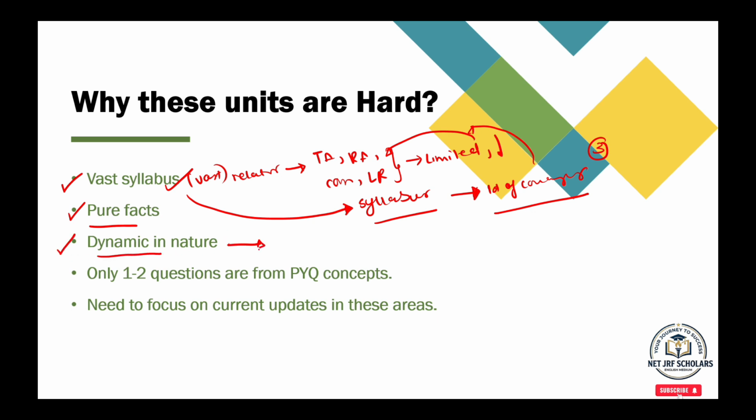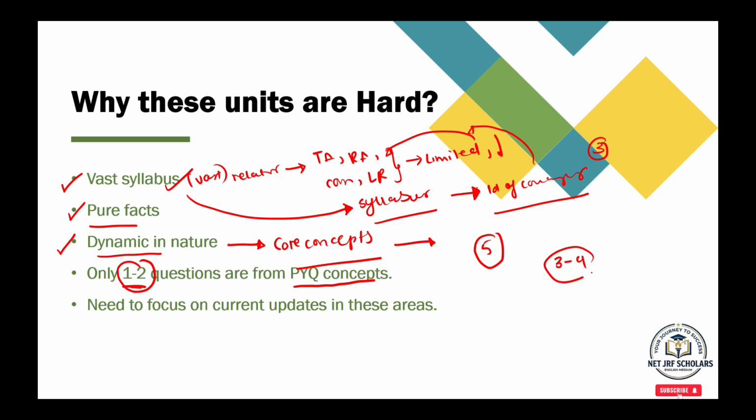They do not ask all the questions from the core concepts repeated in previous year question papers, as you can see in the other units. Only 1 to 2 questions out of 5 in a question paper are from previous year concepts, and the remaining 3 to 4 are from concepts mentioned recently in current affairs news.